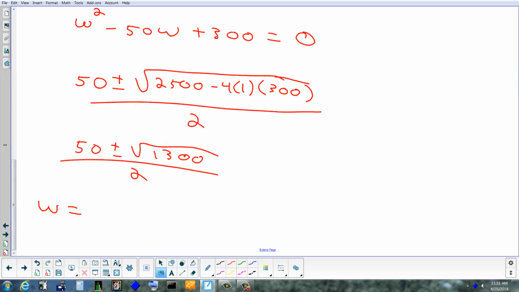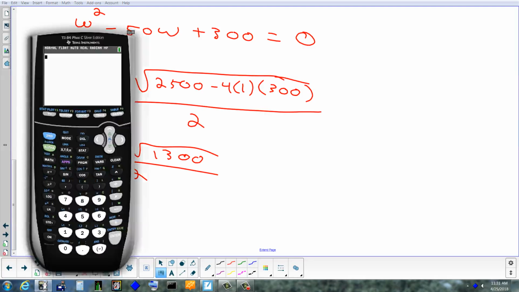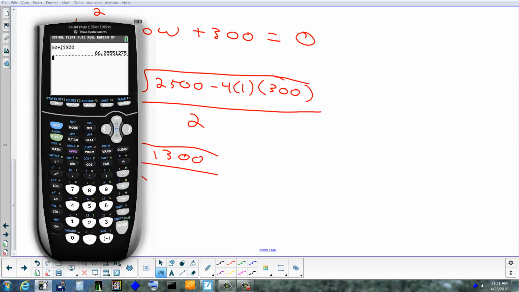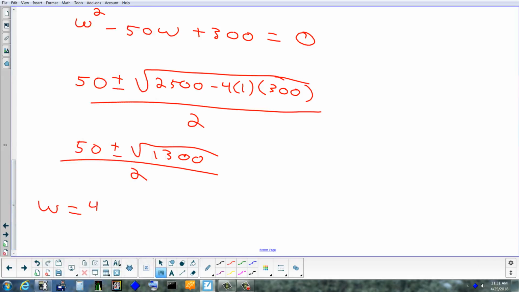Okay, so let's type it in, see what we get. 50 plus square root of 1300. Okay, I'm just going to do the top first. And divide by 2. So we get 43.03. Now, the plus or minus means that there could be another answer. So I did 50 plus the square root of 1300.